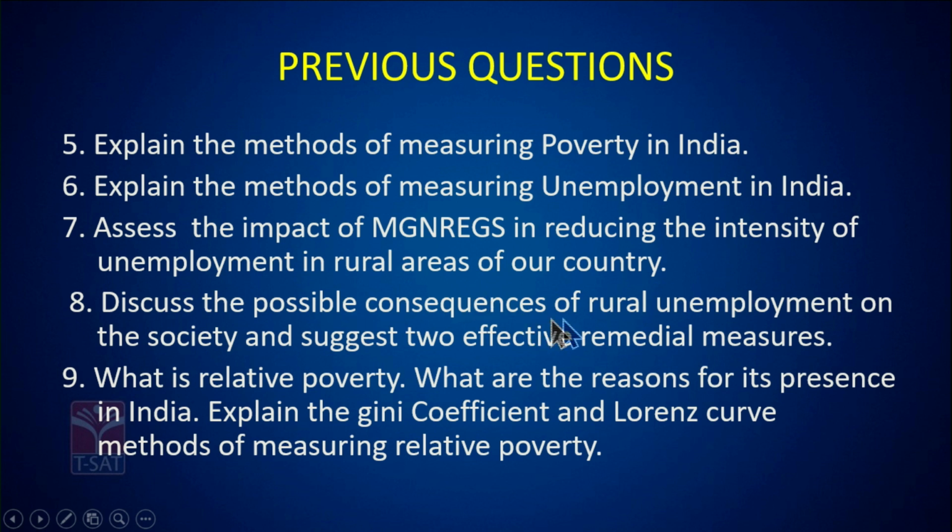Discuss the possible consequences of rural unemployment on society and suggest 2 effective remedial measures. The consequences of rural unemployment can be listed as people moving towards cities, overcrowding in cities, and lack of human habitation in the rural areas.